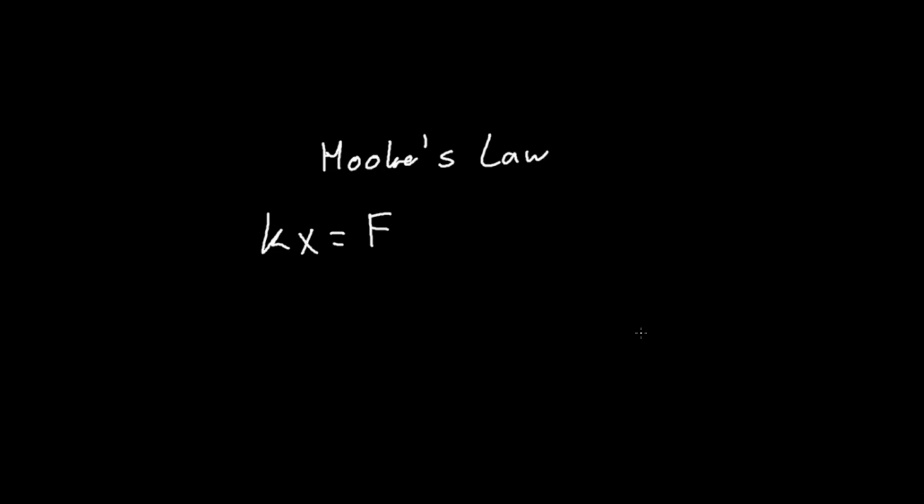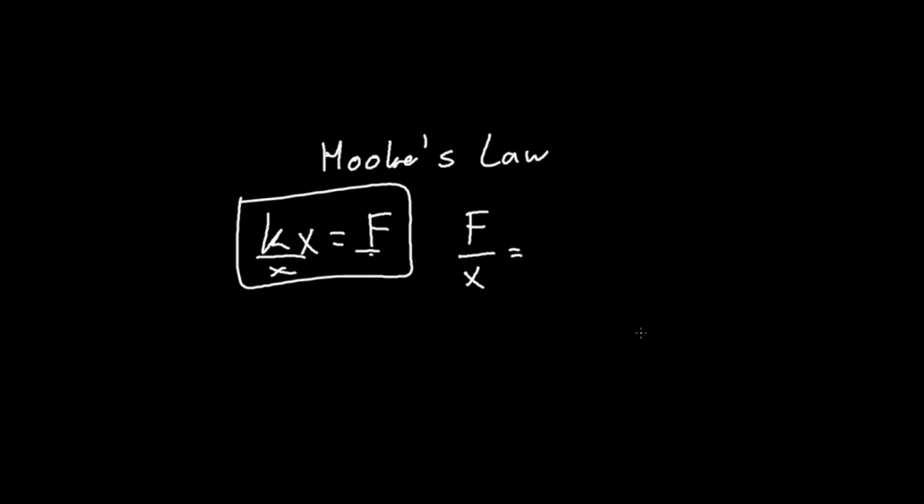You get the force that you need to exert to get to that x point, how much you need to pull the spring back. And you can actually calculate your spring constant by isolating k here, by dividing x on both sides. You'll get this equation like so, and you can calculate your spring constant by dividing a force by the displacement, or the amount you stretch the spring.